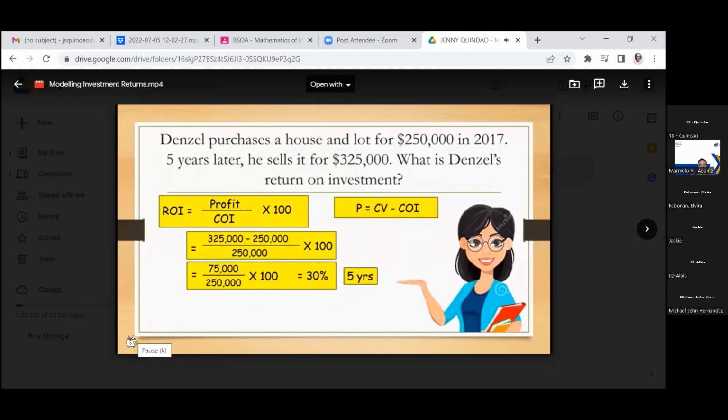Now, how do we estimate its annual return on investment? Annual return on investment is equal to 30% divided by 5 years, which is 6% per year. So the value of his house increases by 6% per year. And that is all. Thank you.